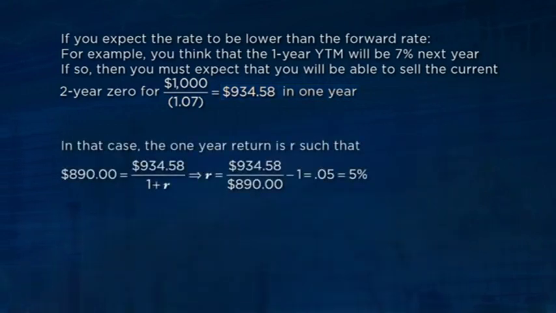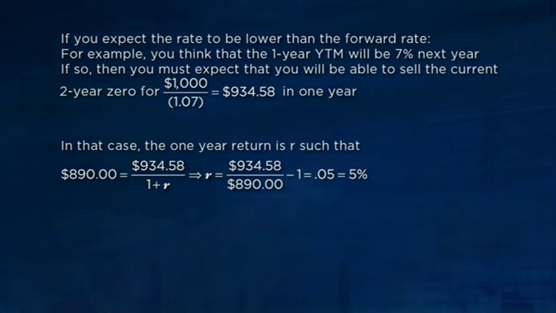In that case, the 1-year return is the R, such that what? 890, the price you paid for it, is equal to what you're able to sell it for, discounted back at 1 plus that interest rate R, 934.58. So the R, the return that you get over this year, is going to be 934.58 divided by 890.